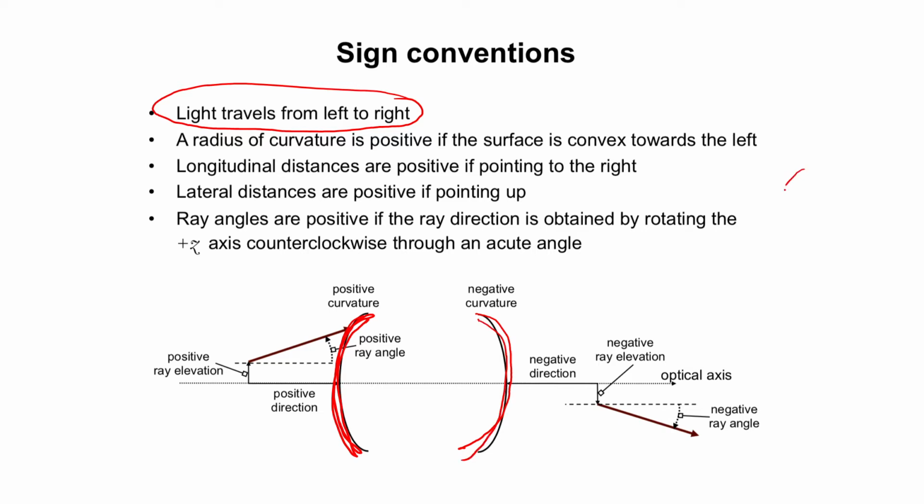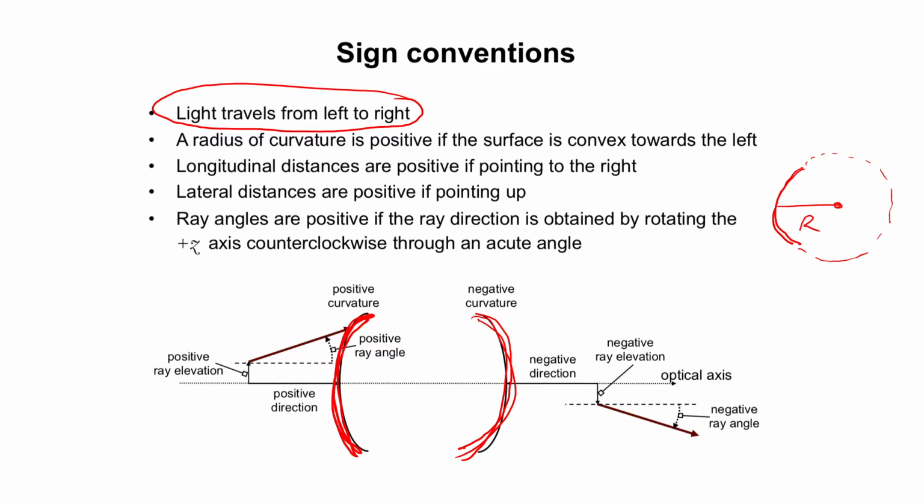If I have some optical element or a lens, then I can complete the circle, and this would be my radius of curvature. So a radius of curvature is positive if the surface is convex to the left, and if it is convex to the right, it is negative, right?